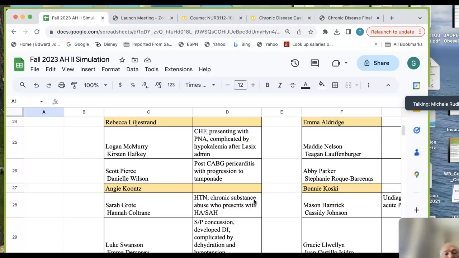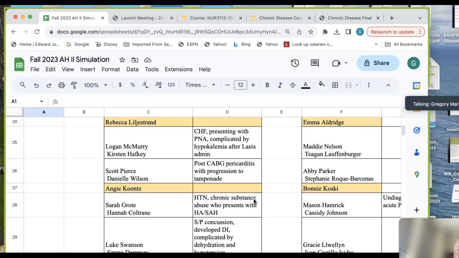How that works is Logan is going to be the standardized patient, and Kristen is going to be the person helping that standardized patient along, saying, here's the ABG, here's the x-ray. Scott is going to be the nurse coming in to assess Logan in this situation.